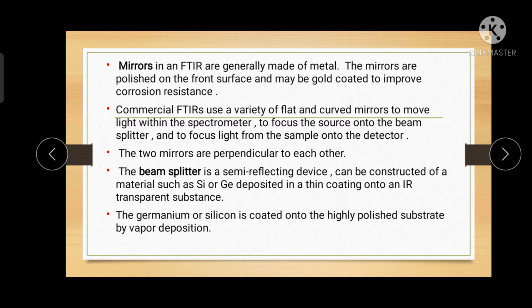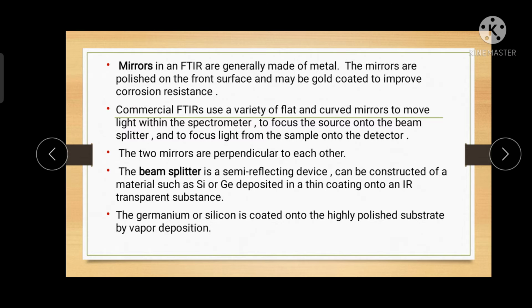That means the mirrors are polished on the front surface so that we get proper reflection, and the material generally used for polishing is gold, because gold is corrosion free, or very little corrosion occurs in gold.